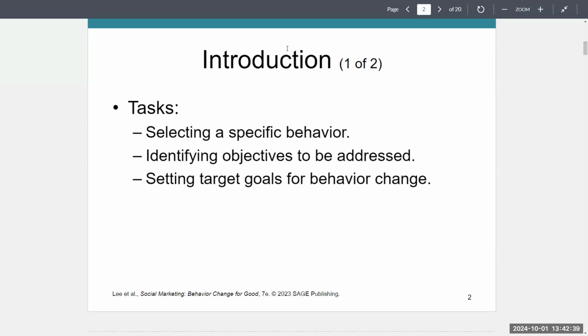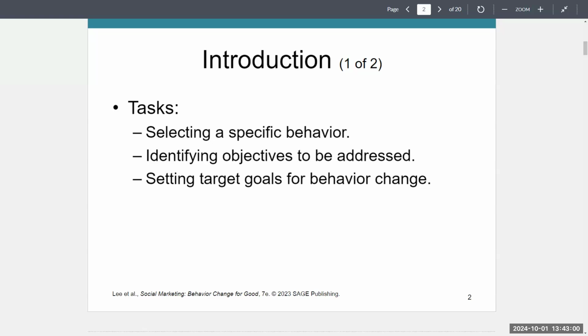This behavior should be chosen based on its relevance to your campaign's objective and the things that you're trying to address.